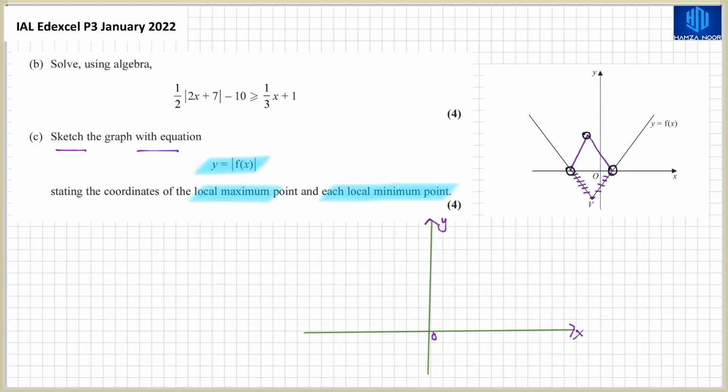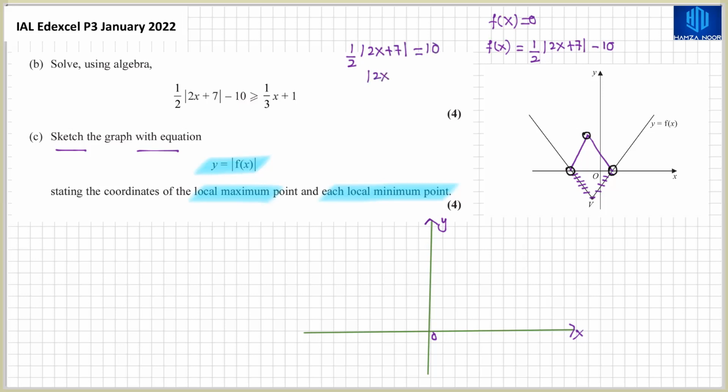As we know, fx is equal to half multiplied by modulus of 2x plus 7, and then minus 10. First of all, we are interested in finding the x-intercepts, and for that purpose fx will be kept equal to 0. So half multiplied by modulus of 2x plus 7 will be equal to positive 10.